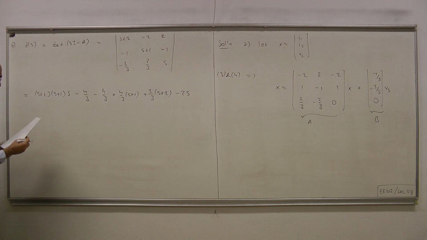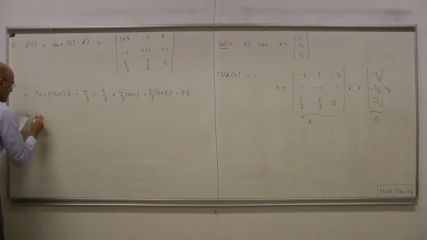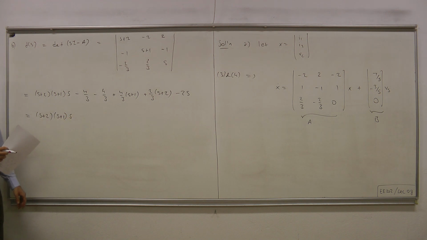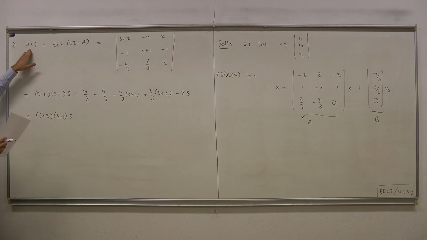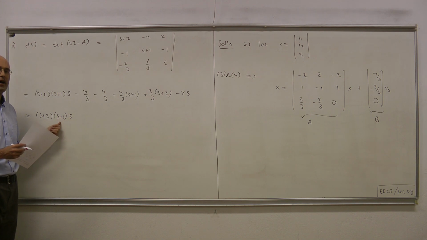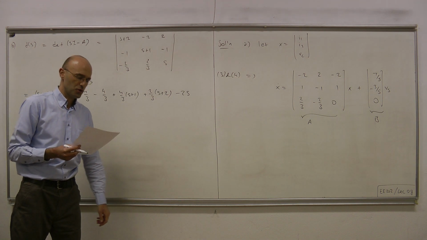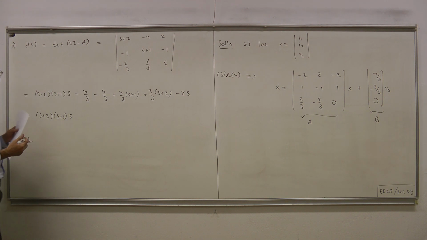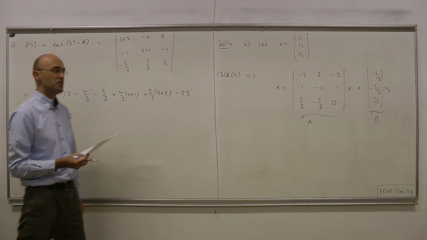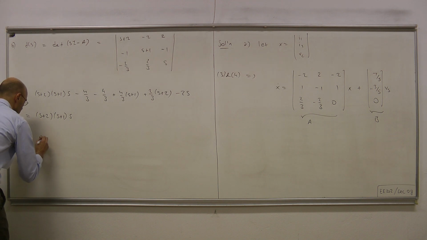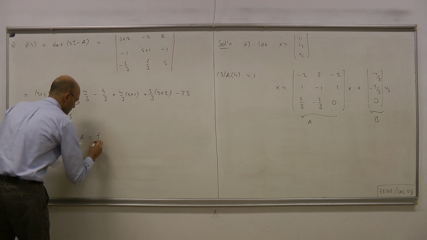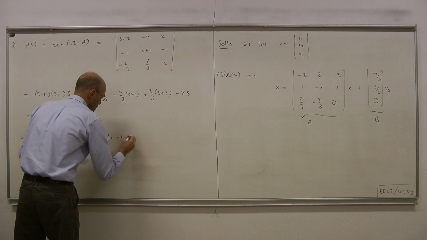Now if you organize this, this is what we will obtain: s plus 2 times s plus 1 times s. And if written in this form, the roots of the characteristic polynomial are very easy to see. One at 0, the other at minus 1, and the third root is at minus 2. Therefore, the natural frequencies of the circuit, also called the eigenvalues of this A matrix in the state equation, are minus 2, minus 1, and 0.